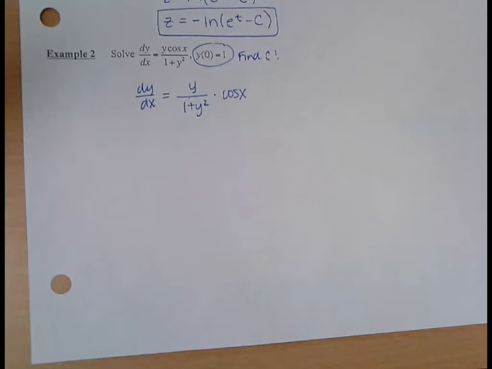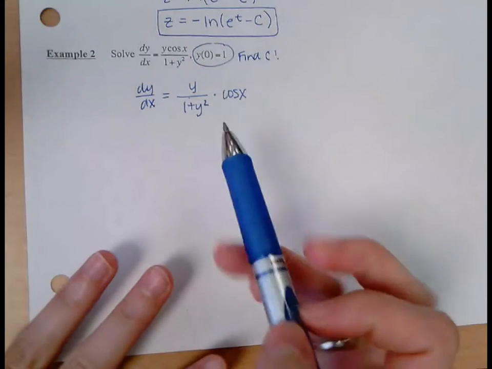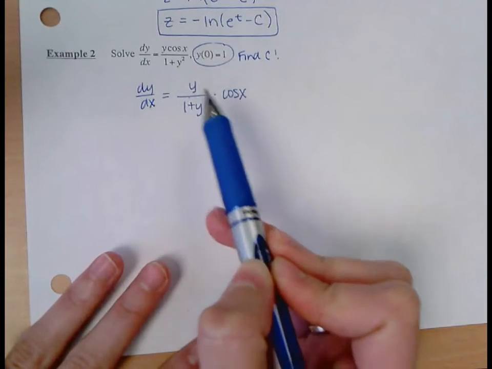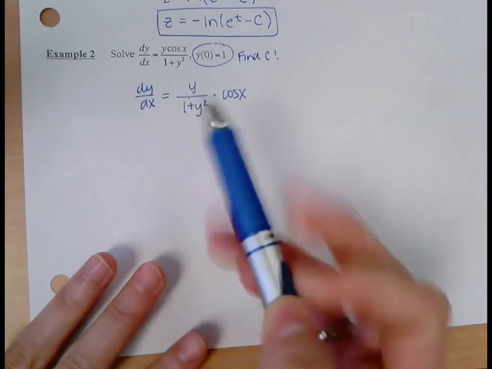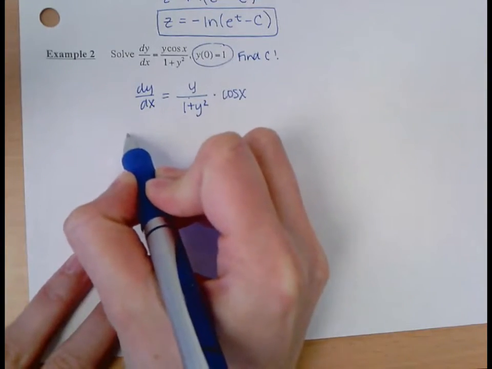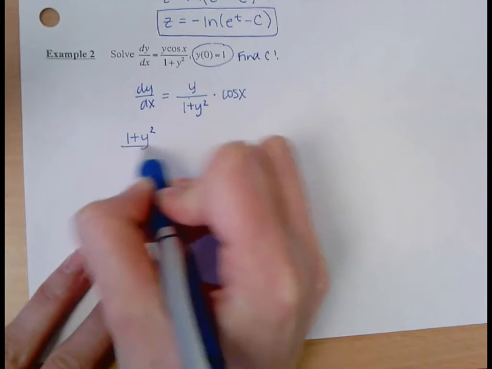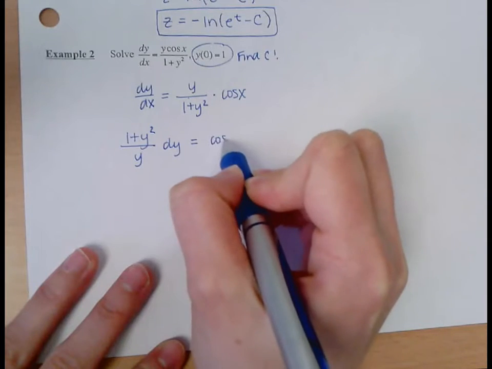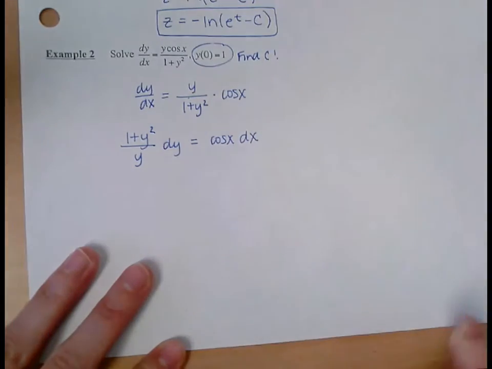And I'm going to show you again where I recommend you find C. I do not recommend you find C at the very end of the problem. So here we need to multiply both sides by the reciprocal of our y function. So I will have 1 plus y squared over y dy equals cosine of x dx.